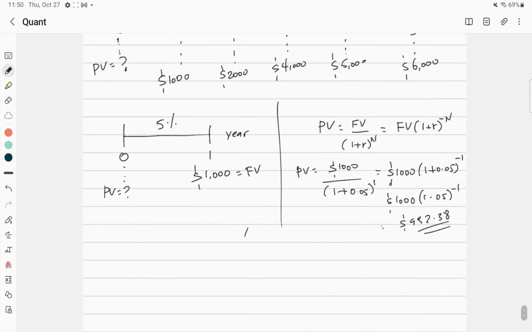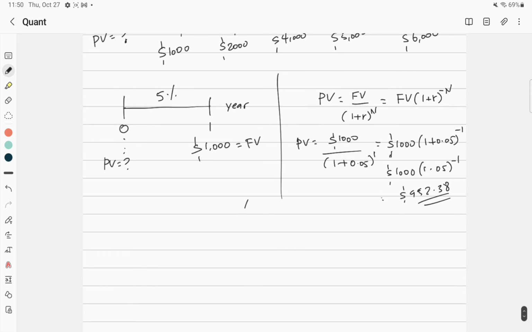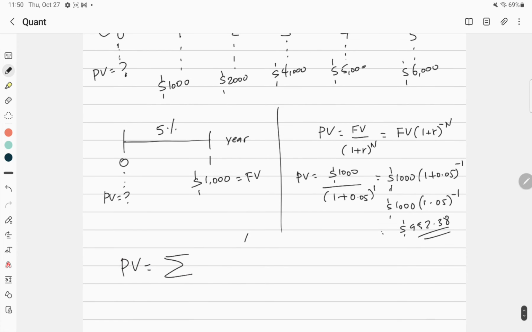So this present value will be the sum of n, starting from 1, because the first year, up to the 5th year, of the future value n times 1 plus r raised to minus n.